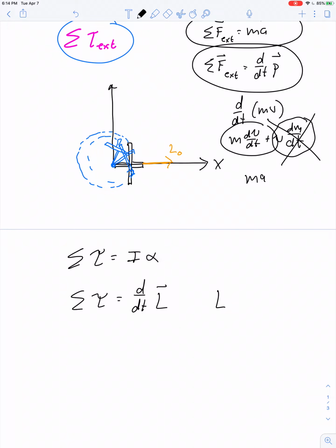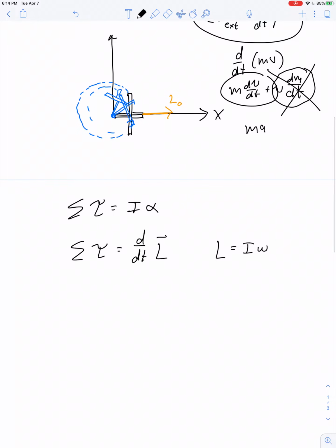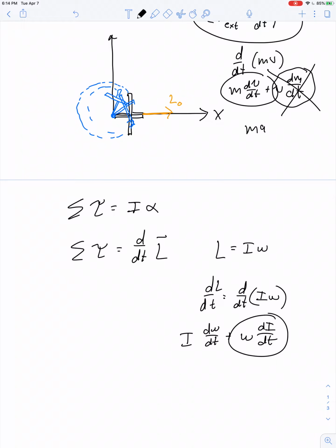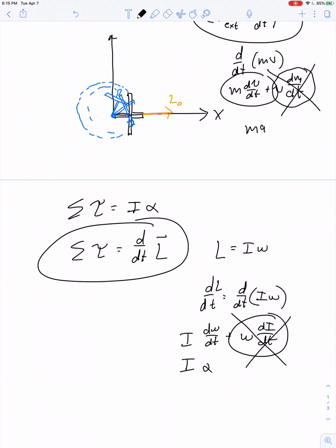And by the way, if angular momentum is I omega, then if we take the derivative, dL/dt, that's d/dt of the product of I and omega, which gives us I times d omega/dt plus omega times dI/dt. And if we deal with objects that don't have a rate of change of their rotational inertia, then we're just left with I alpha. So there we have it. Anytime there's a net external force on a system, there's a rate of change of the angular momentum.